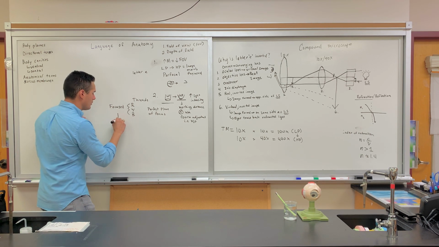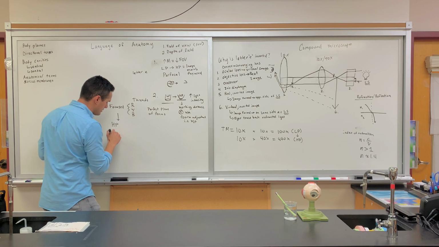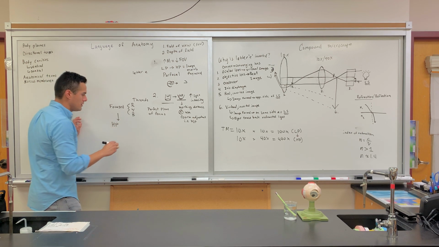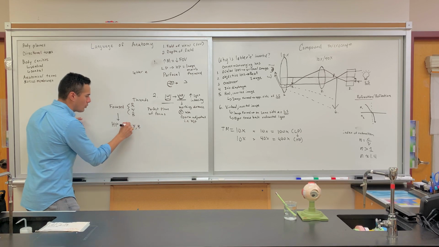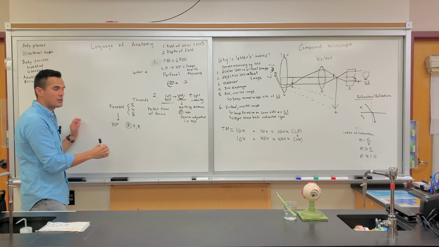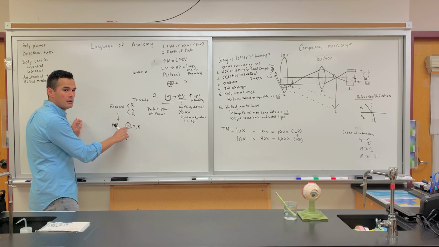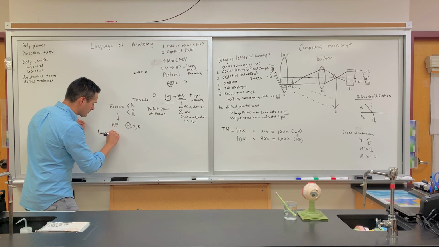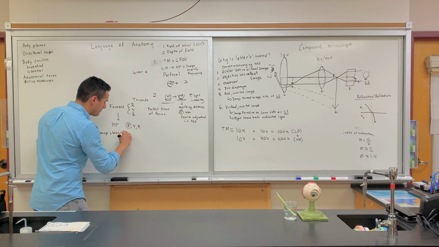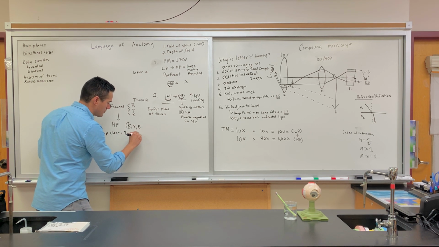But when you switch to high power, you can only focus on one of them at a time. So only the red will be clear. When the image is clear, we describe that with the term resolution.